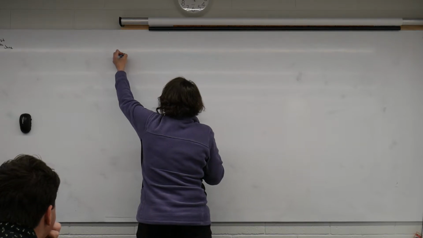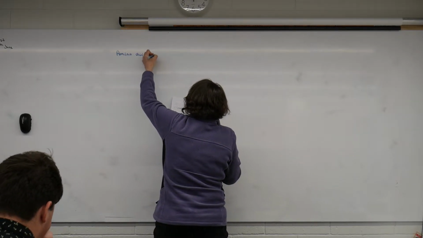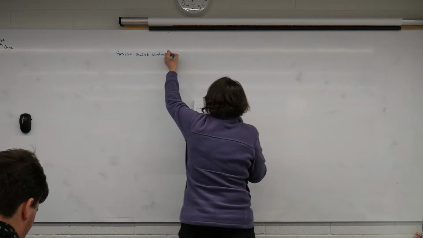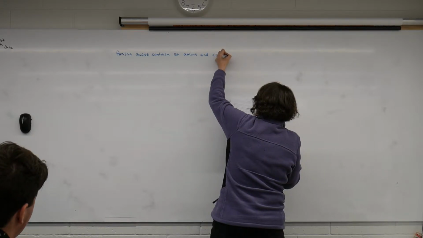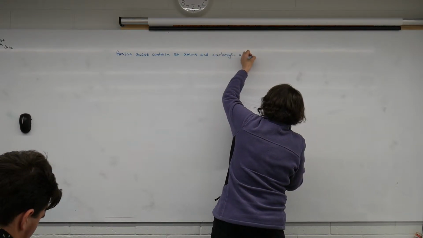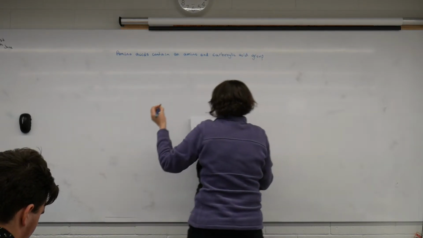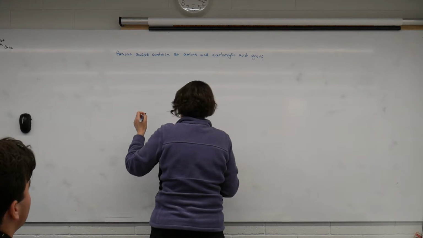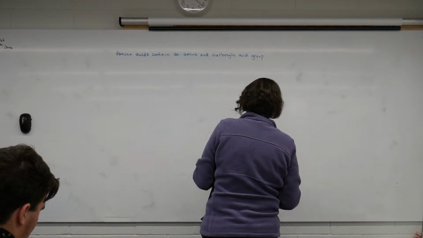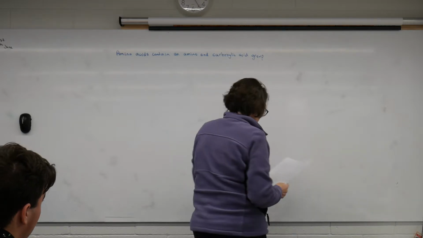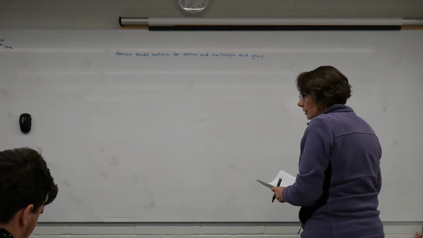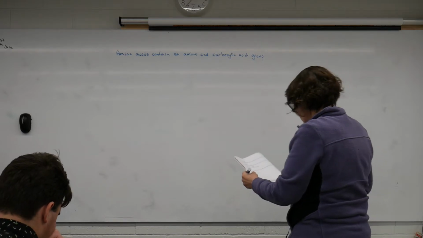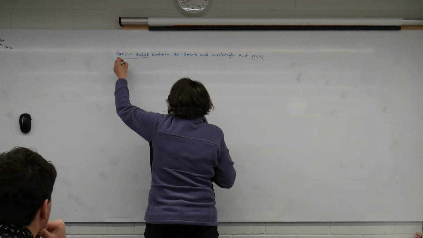Okay, so amino acids contain... here's an example of... we went through the reactions of amines, didn't we? Now, these are the building blocks for proteins.